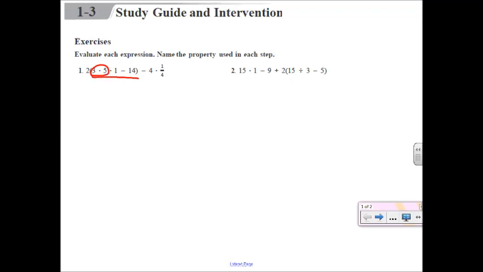And 3 times 5 is 15. Anything else we haven't dealt with stays the same. And that property is called the substitution property. What that means is we've substituted in 15 for 3 times 5, because that's what it equals.